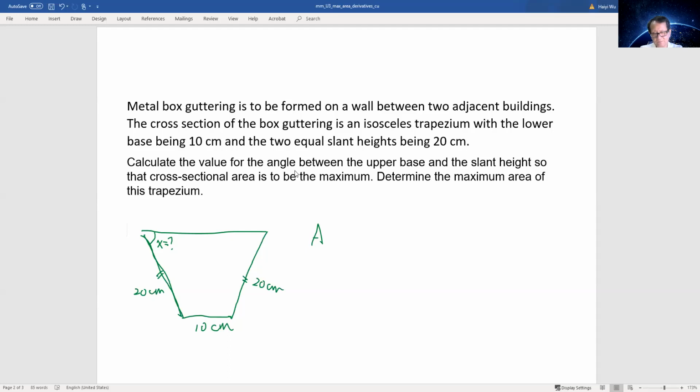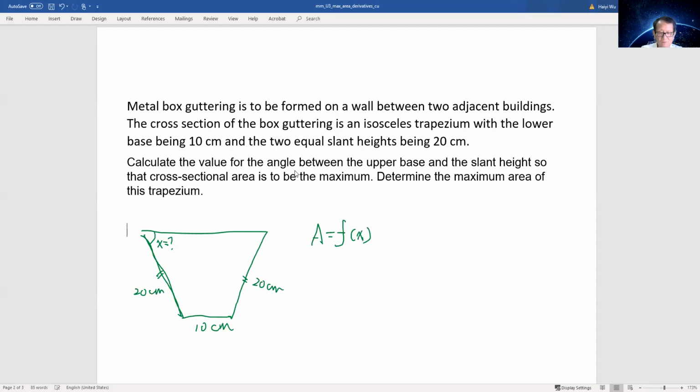We need to find the maximum area. So in order to find the X so that we achieve the maximum area, we need to establish a relationship or function between A, which is area, and the angle.